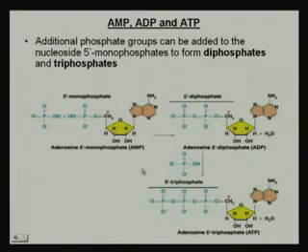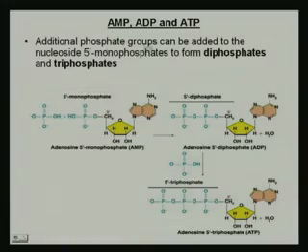Now, when we are talking about monophosphate, diphosphate, triphosphate and so on, additional phosphate groups can be added to the nucleoside 5 prime monophosphate to form diphosphates, triphosphates and so on. What does it mean?